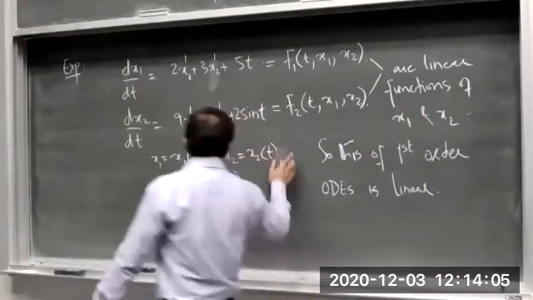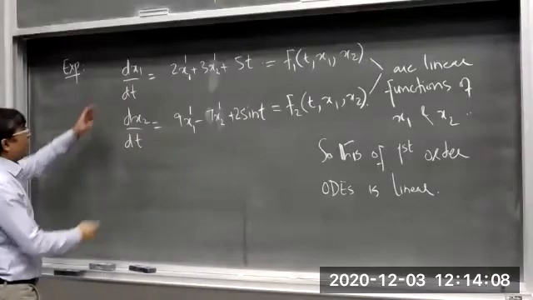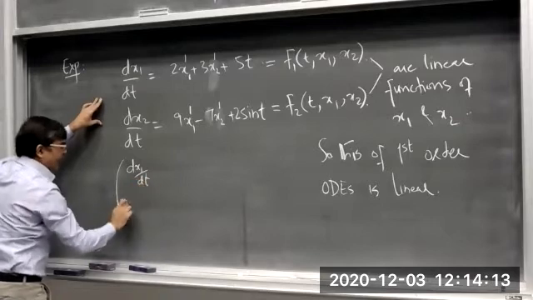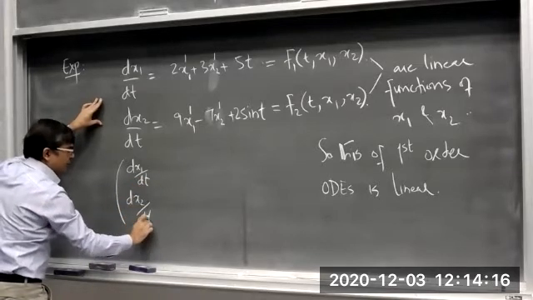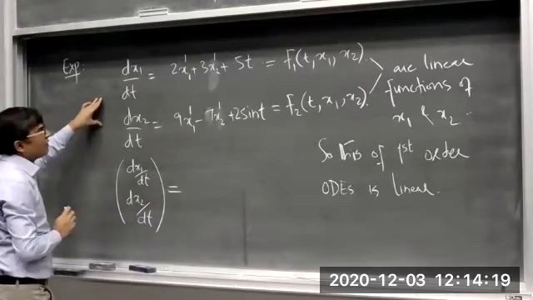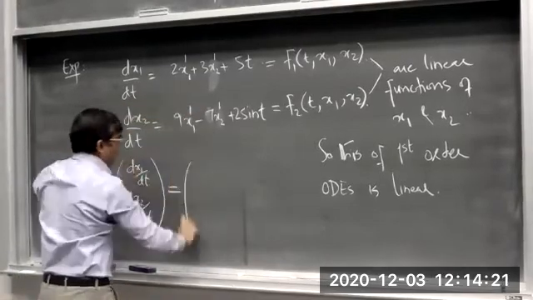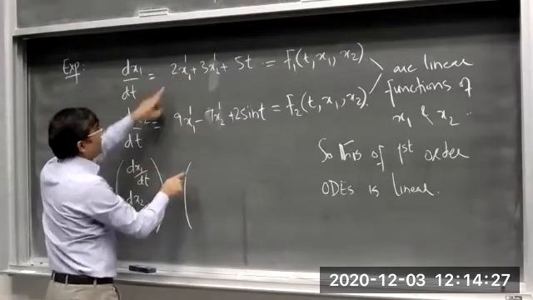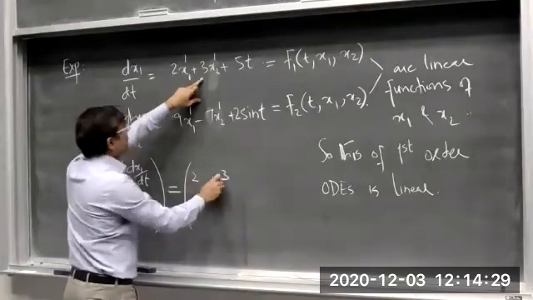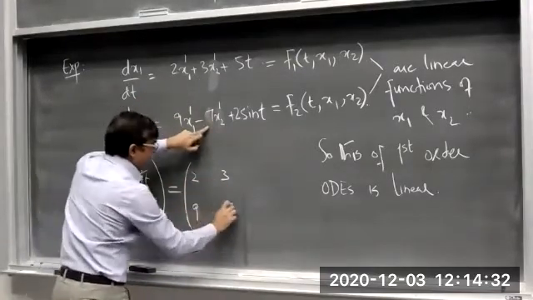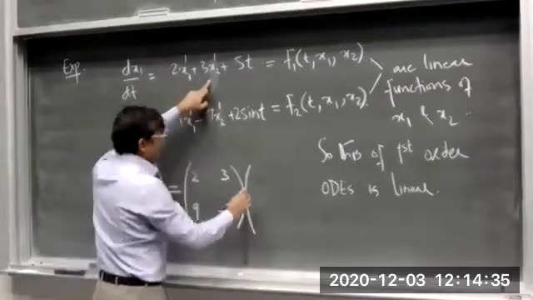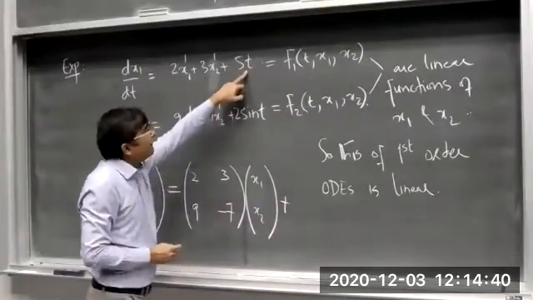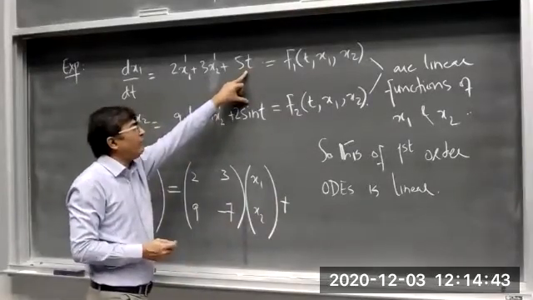How can we write it in a matrix form? We put this thing in a vector, dx1 by dt and dx2 by dt. This is a 2 by 1 vector, equal to the following. Now you can see that we can separate the coefficients of x1 and x2 into a matrix, and we can write 2, 3, 9, and minus 7 times x1 and x2, plus the functions of t which do not involve x1 and x2.